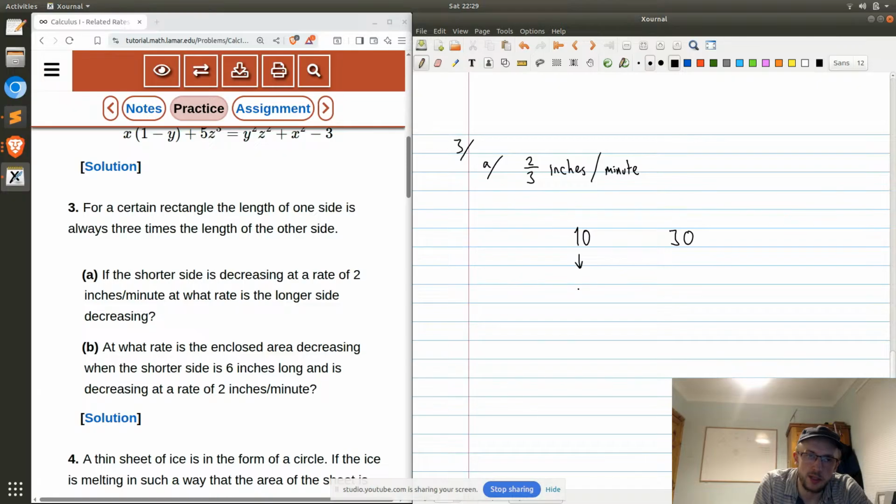The shorter side, after 1 minute, has become 8 inches. And, oh no. How foolish. There.